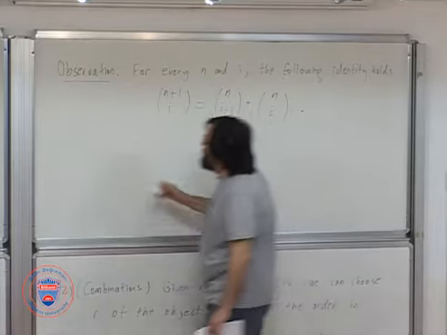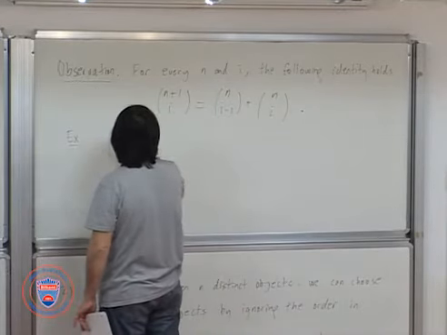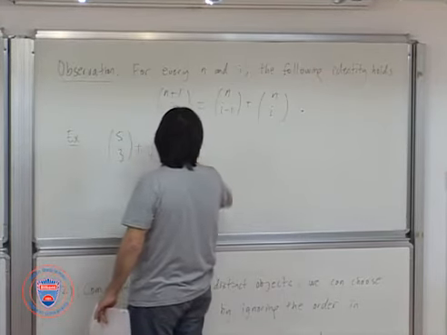We can check it. For example, say 5 choose 3 and 5 choose 4.